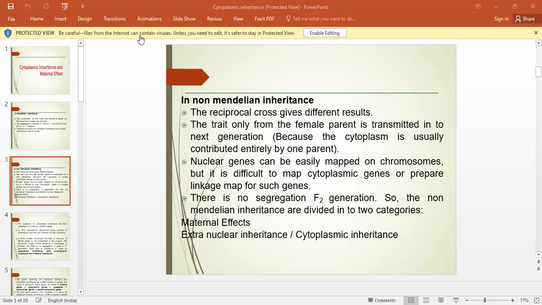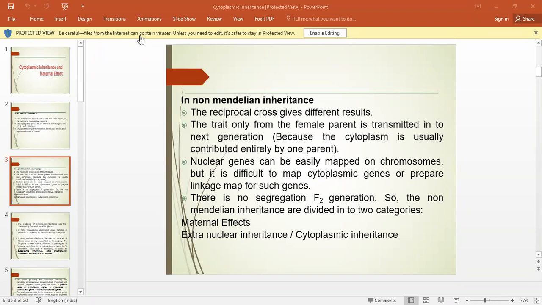Understood up till this? Yes or no? Yes, ma'am. So remember that it is also known as non-Mendelian inheritance, cytoplasmic inheritance, extranuclear or extrachromosomal inheritance. There are four basic rules you have to remember. First, the typical Mendelian ratio is not found.